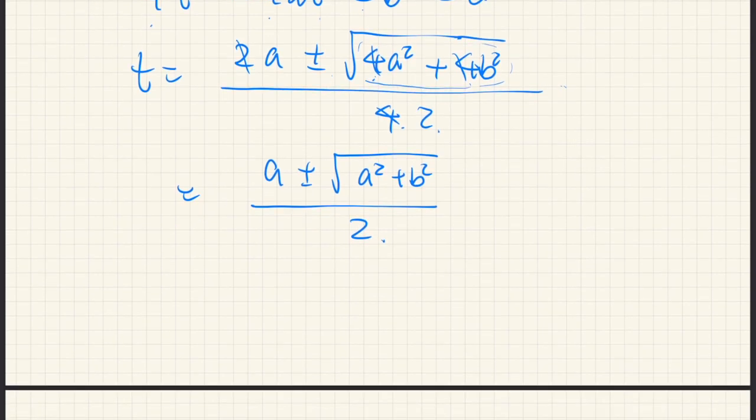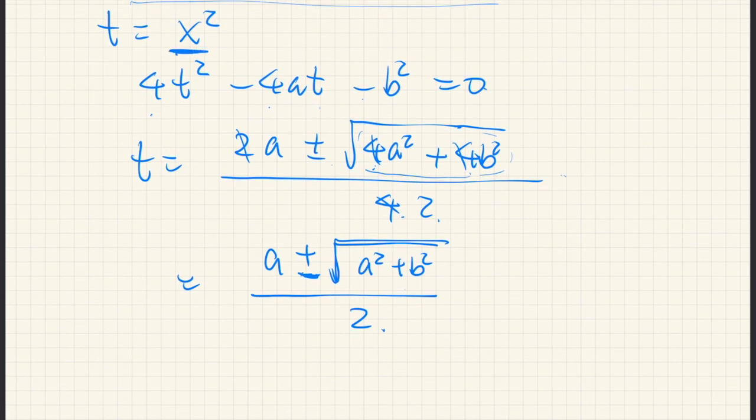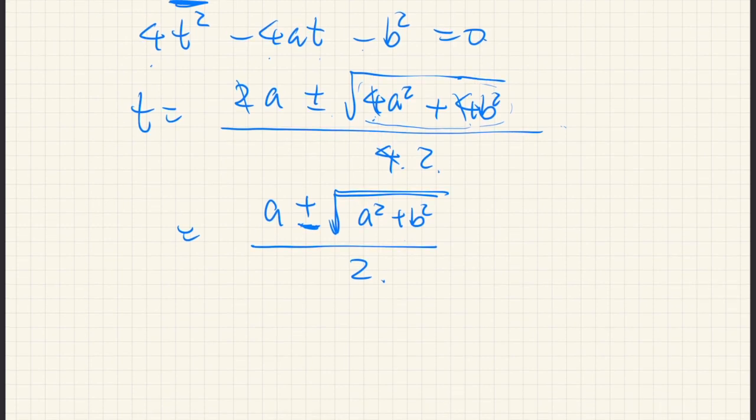Now, there are possibly two solutions here, a plus minus the square root of this. But actually this negative sign cannot happen because t is actually x squared, and x is a real number, so it must be non-negative.